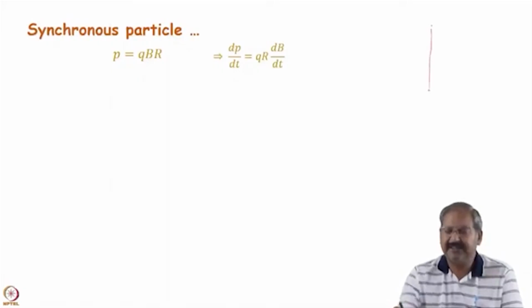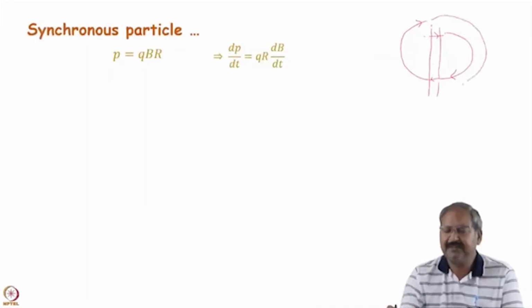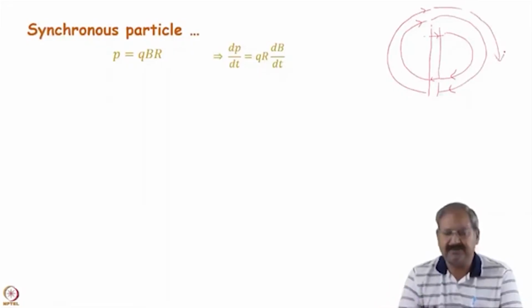Like this, there were dees. When the particle crosses the dee, it gets energy and makes a circular path here, and here again it crosses the dee. So this time it will make a larger path because the magnetic field which we are applying for guiding the particle is constant. In this fashion, a spiral path is there in the cyclotron.